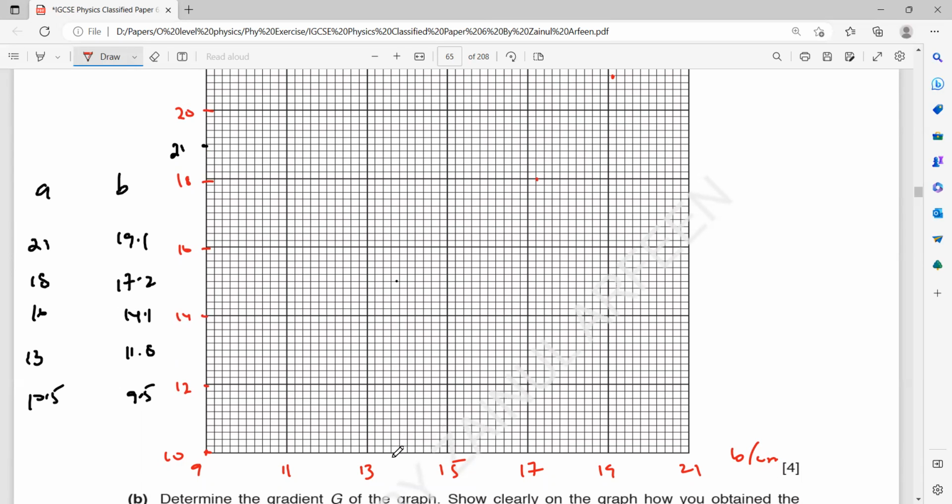And 14.1 and 16. So this is 14, and this will be 14.1. Then 13 and 11.8. I should label this as well. So 11.8, this will be 12, and 13.